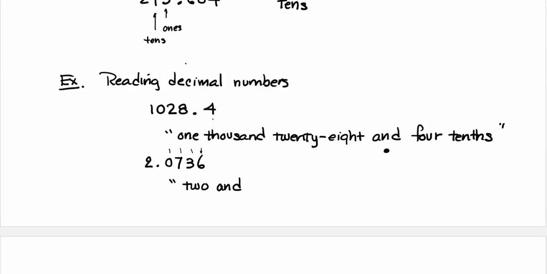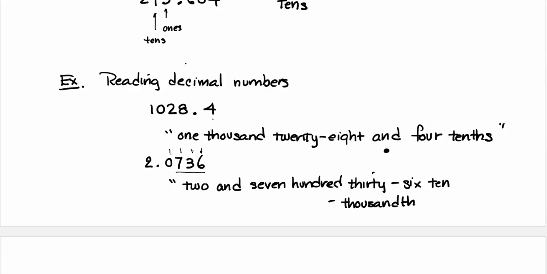So I look at what the number is, and I have 736. So I say 736. And we said again, tenths, hundredths, thousandths, ten-thousandths. So it's 736 ten-thousandths. And that would be the correct way to read that.